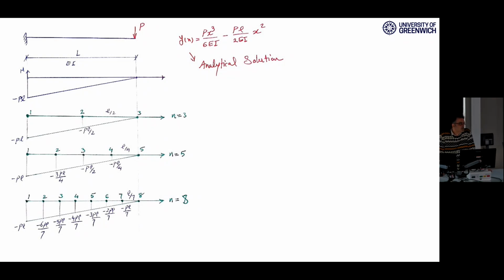It's a linear distribution of internal moment, and you can draw Px from 0 to L. Here would be 0, here would be minus PL.